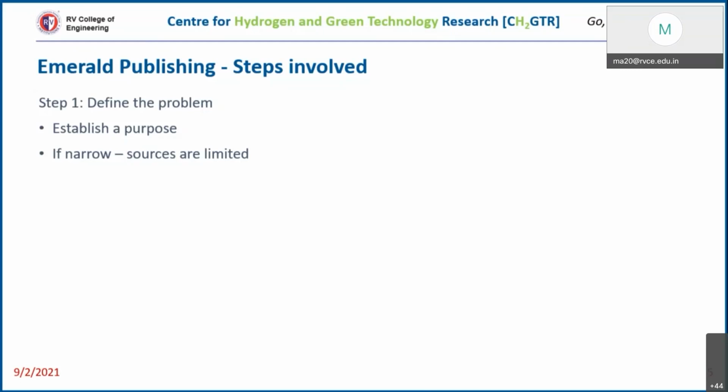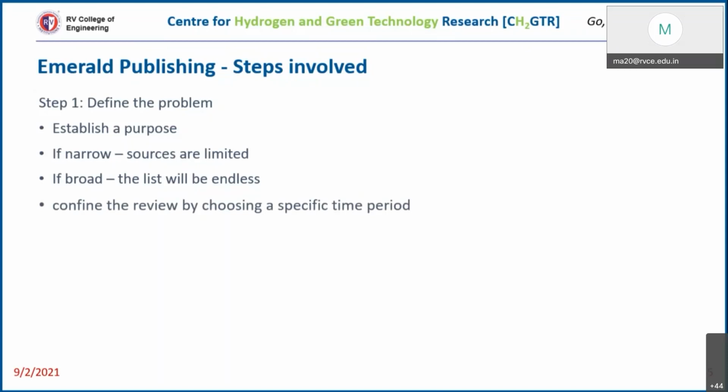But at the same time, that is the constraint. So sources are limited. And if it is very broad, then the list will be endless. There will be too much literature already available. It becomes very difficult for you to choose. So you just have to strike a balance between the two.